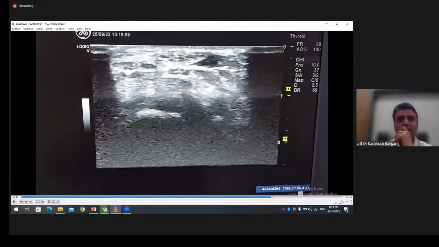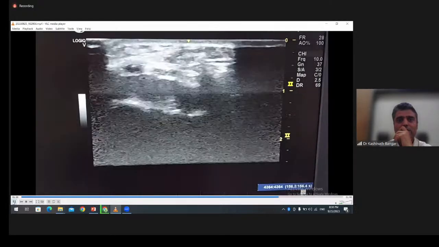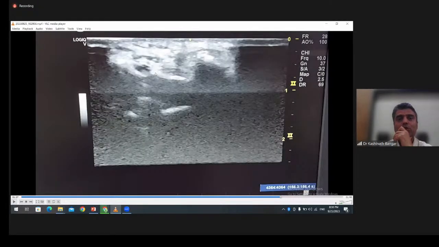Concentrate on the pulsations of the ulnar artery and the ulnar nerve, and you'll see now the pisiform bone comes in between. As I go, you can see the pisiform bone nicely, ulnar artery, ulnar nerve, VPL, and this is the second commonest site where the ulnar nerve gets compressed.